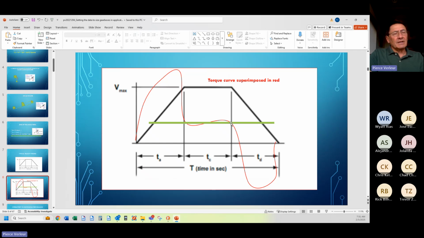And then when you want to decelerate it, your inertia comes into play again, and your torque increases appropriately, but in the negative direction, because we're taking the kinetic energy out of the load, we're decelerating. So that's very simple.